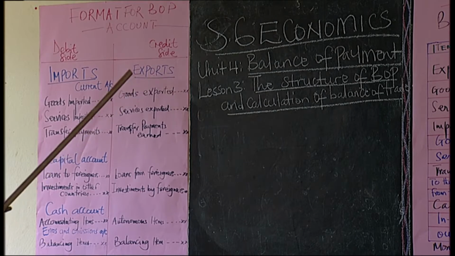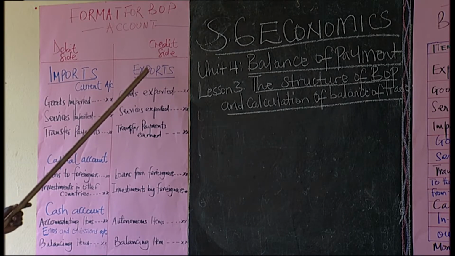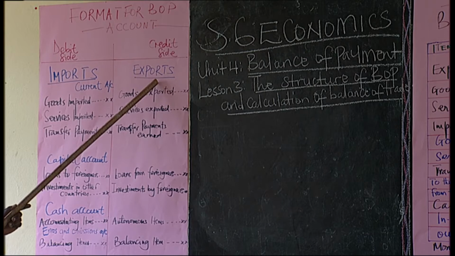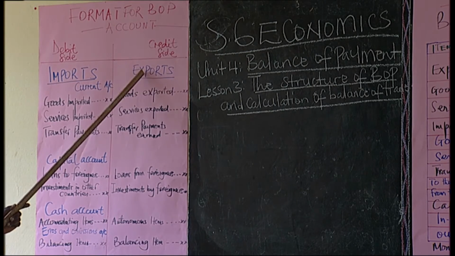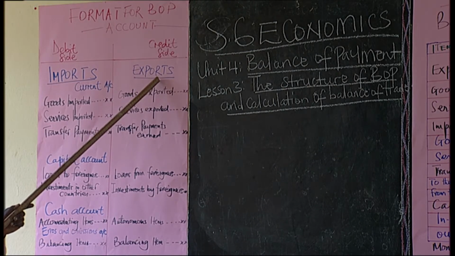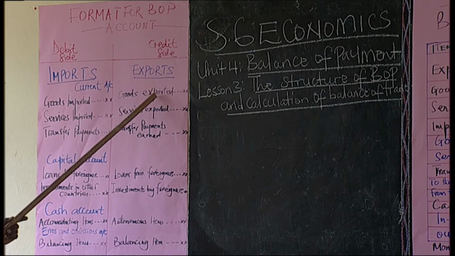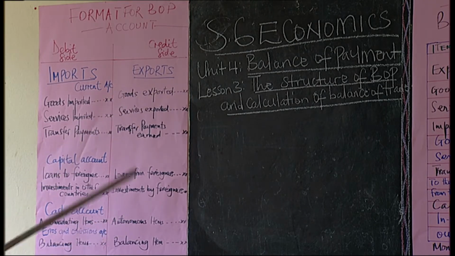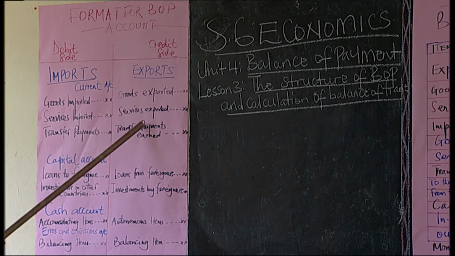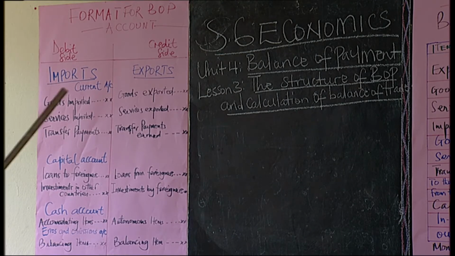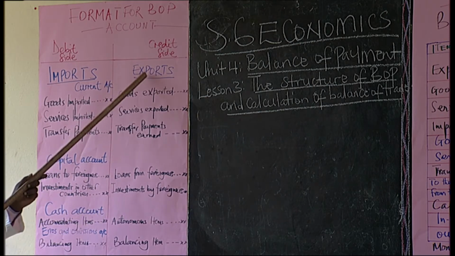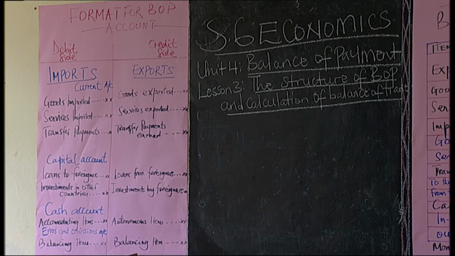Why do we record exports on the credit side? Because when we export, we generate income, because exportation is the selling of goods and services to other countries. When you export, you generate income. And incomes are credited because they increase capital. That's why exports are recorded on the credit side.